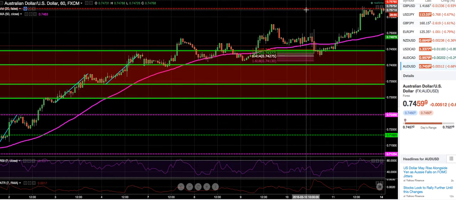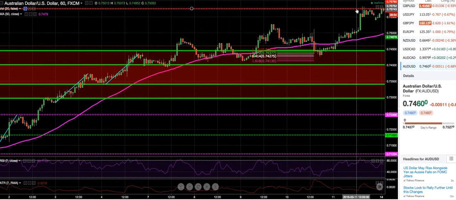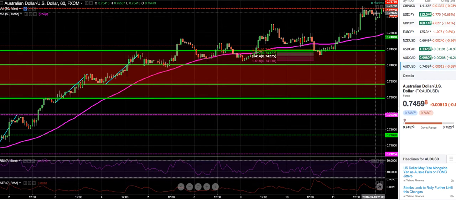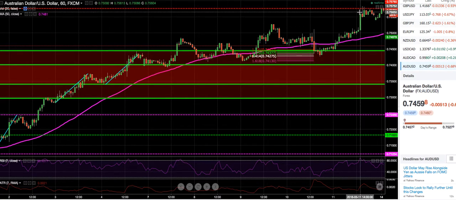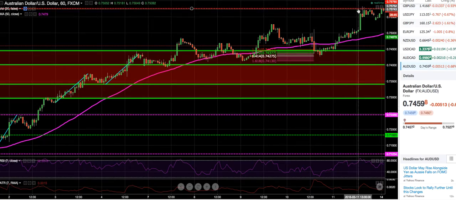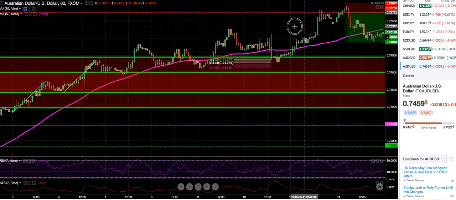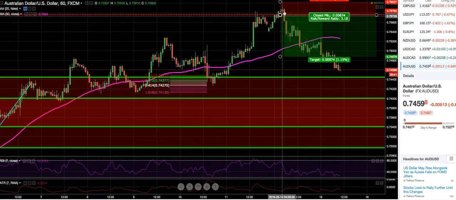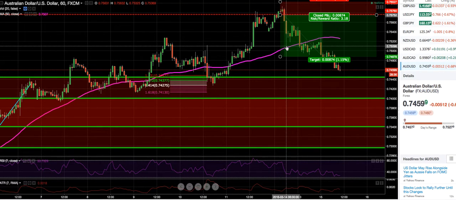This is a nice structure area. I took this double top right here and got short of it. Like I said before, I use the double tops to get a better risk to reward. And as you can see, this is how I measured my risk to reward.